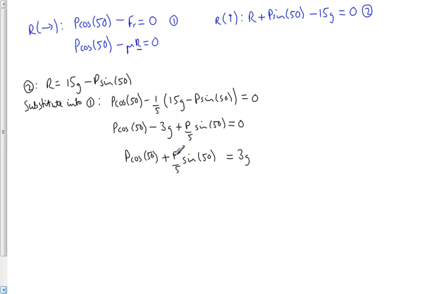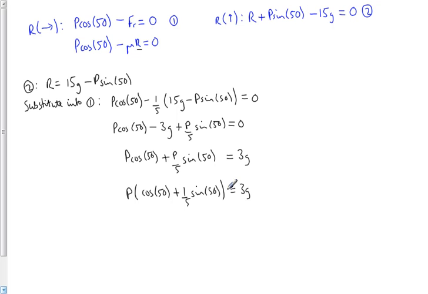Well, let's factorize in P. So I take a factor of P out, so to get this I have to multiply by cos 50, and to get this I have to multiply by 1/5 sin 50, close my brackets, and that's equal to 3g.